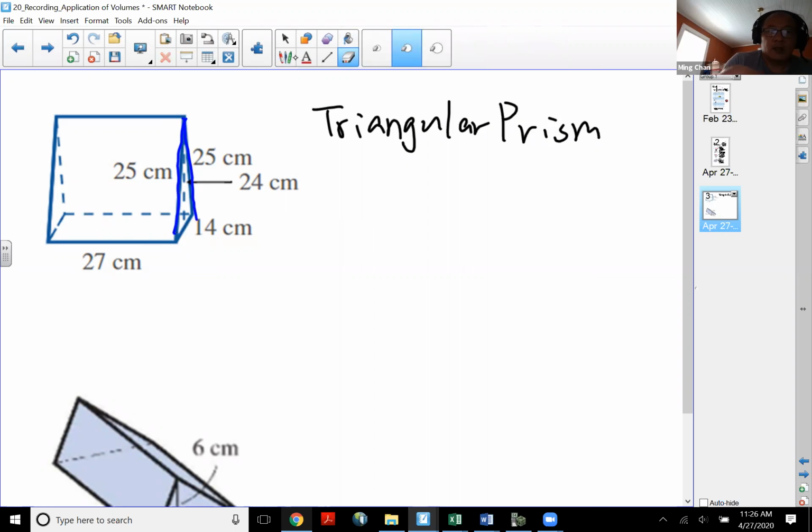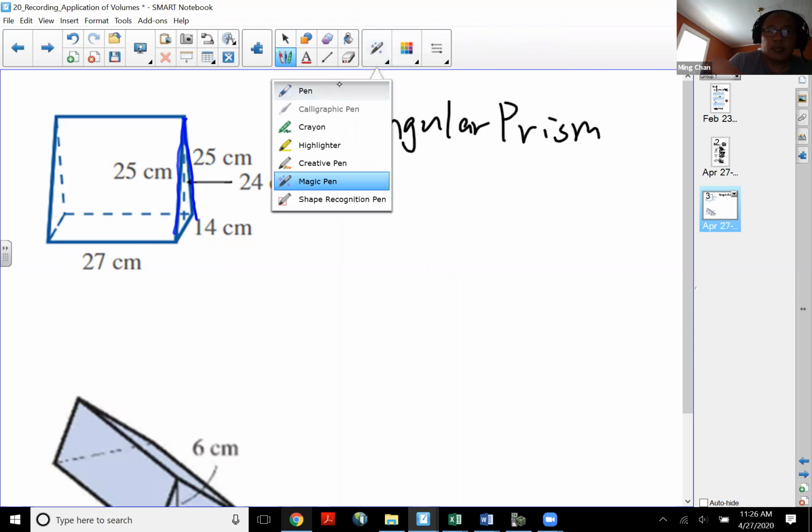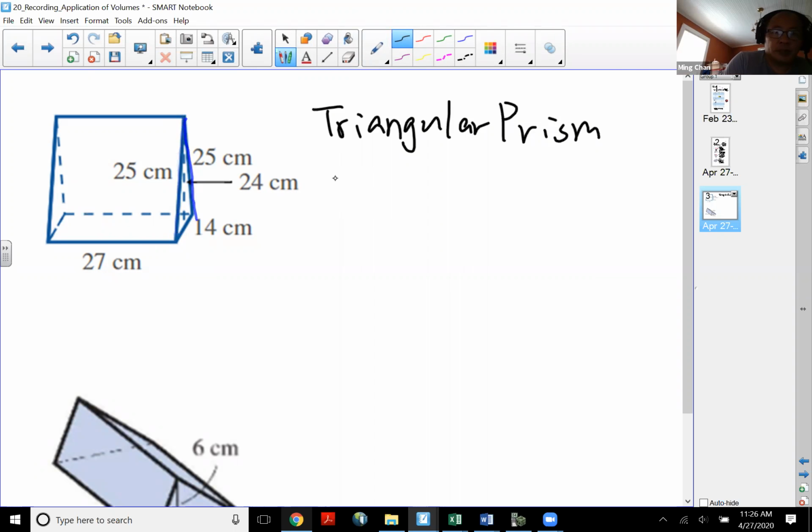So now the reason why I wrote down so much formula earlier, so I can show you, remember, the volume is always the area of the base. This is how we denote it. Area of the base times the height. So right now, my base is a triangle.